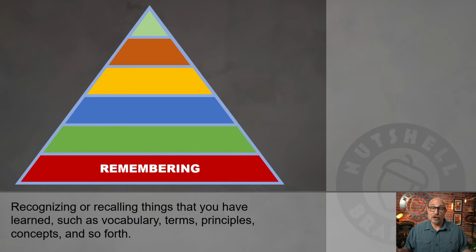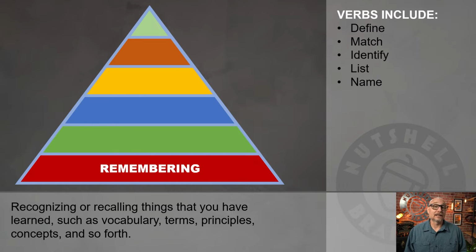There's nothing there but just rote memorization. Now, when you look at assignments that are really geared toward remembering, the assignments are going to say things like define this term, or match this word with this definition, or identify this, or list that, or name this. Very, very basic memorization assignments.